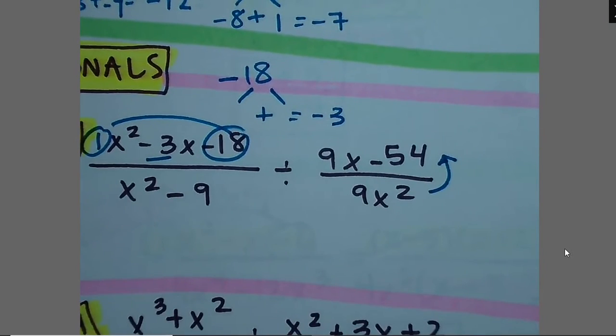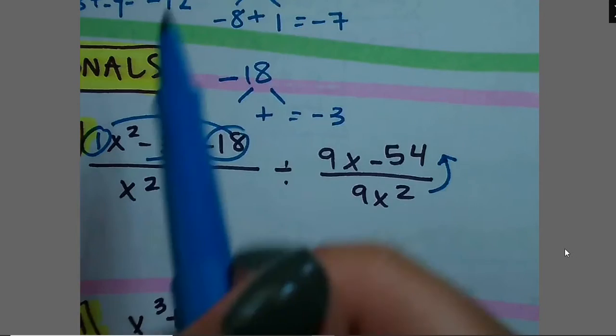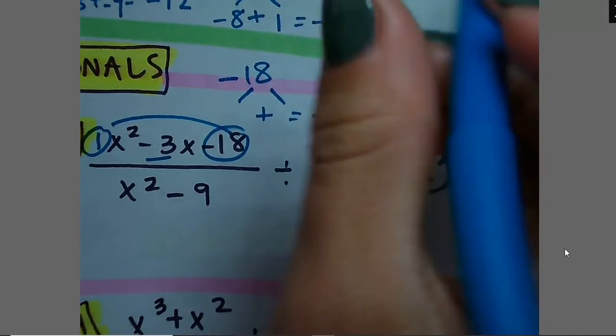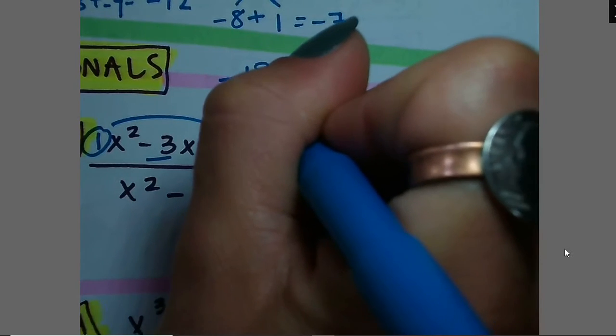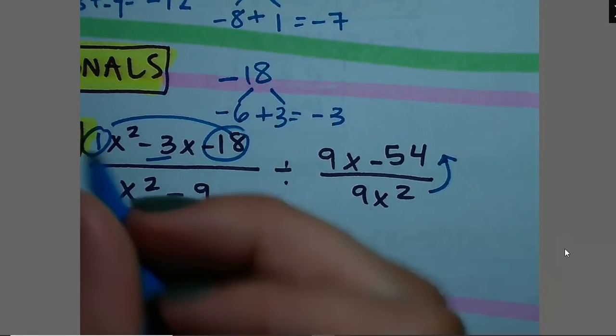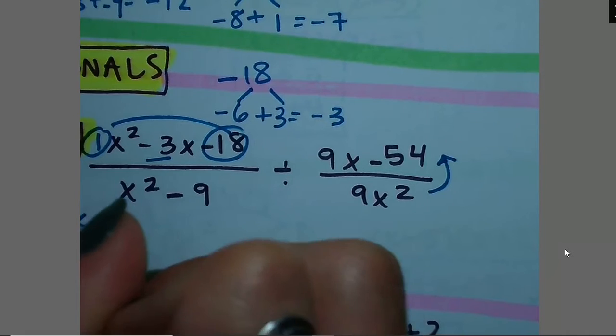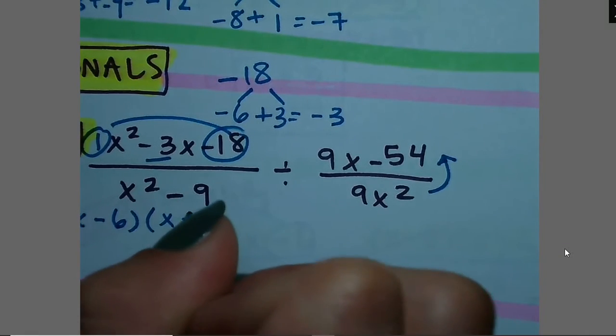All right, factors of negative 18 are 2 and 9, 3 and 6. Okay, so we're going to be using 3 and 6 here. It's negative 3, so we're going to use negative 6 and positive 3. Okay, so this one's going to factor to x minus 6 times x plus 3.